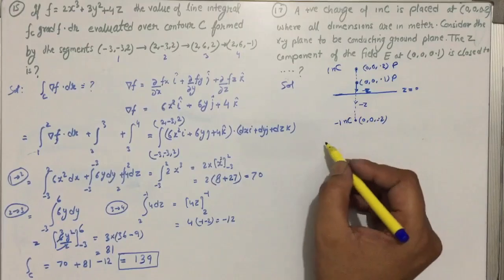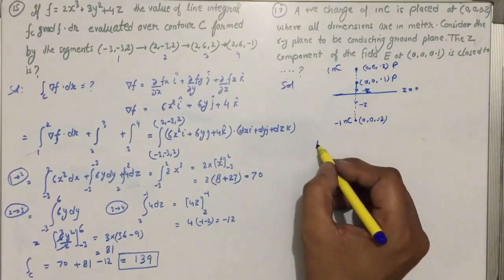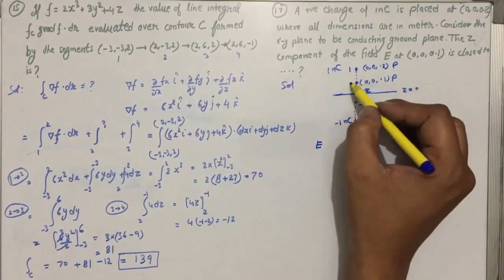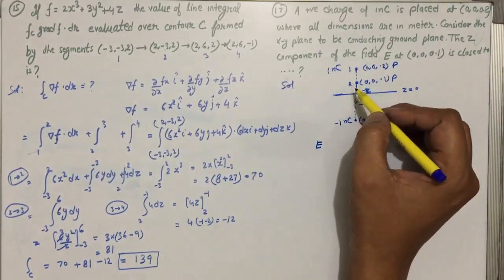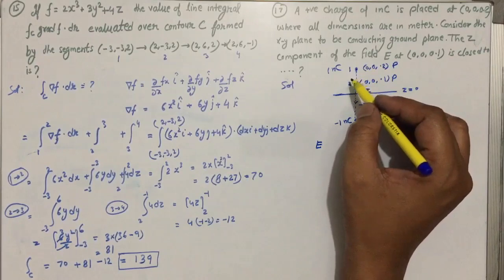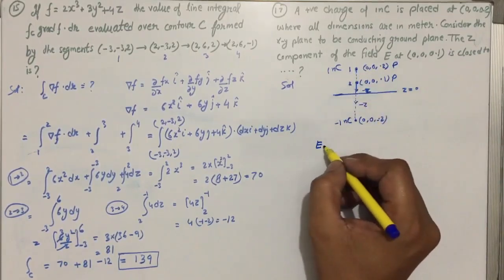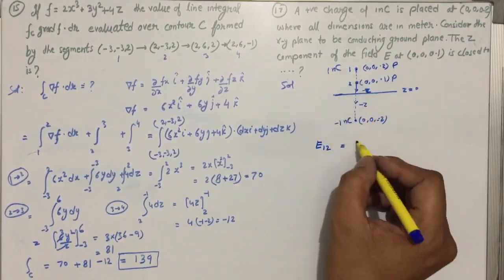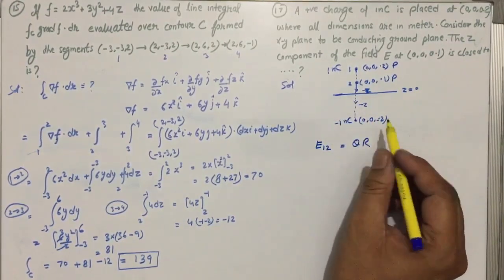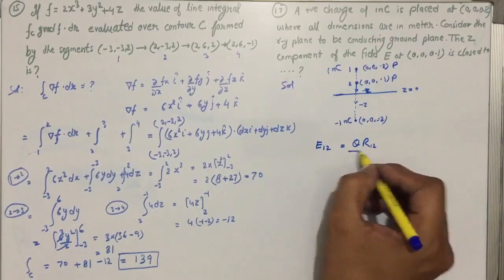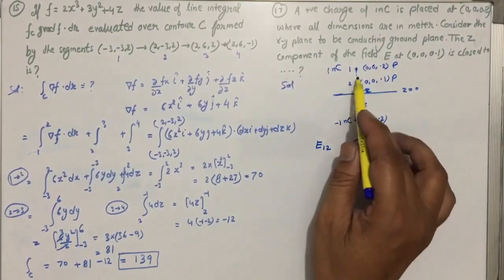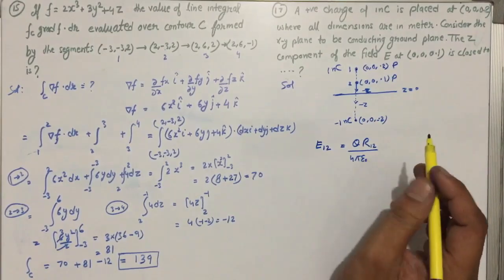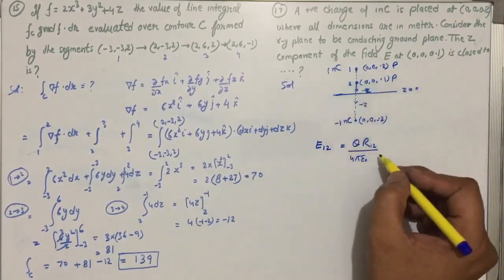Okay, so from here we can say E12 will be equal to Q R12 divided by 4 pi epsilon naught R12 cube.